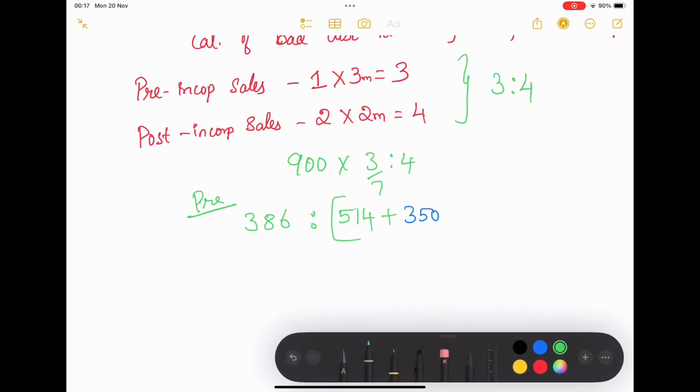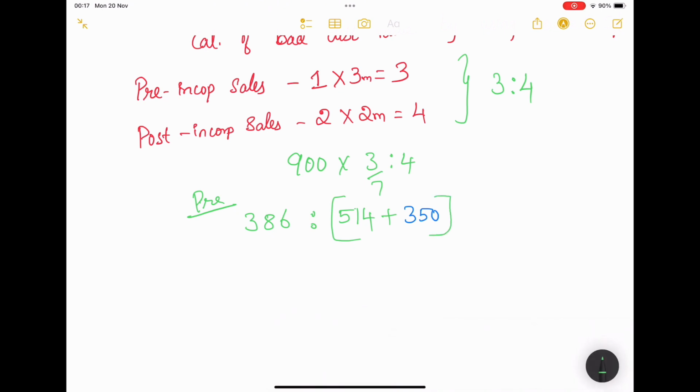So the final bad debts value will be 386 to 864. If you add this value, the answer will be 1250. What they have given in the question, that will be the value here.